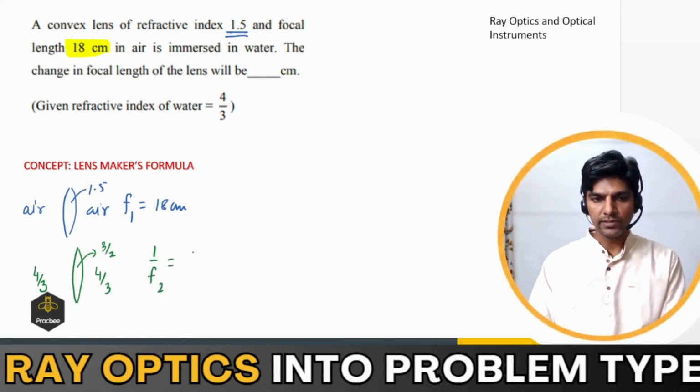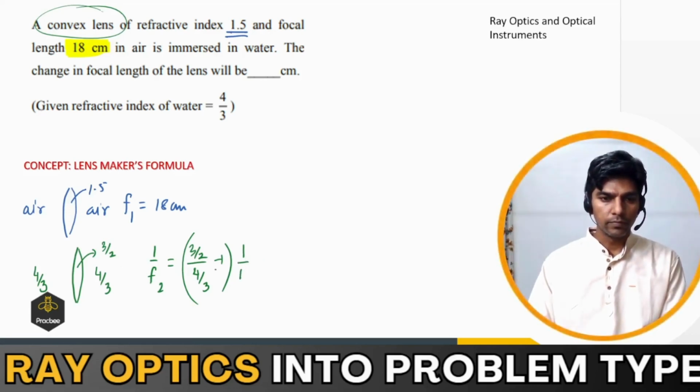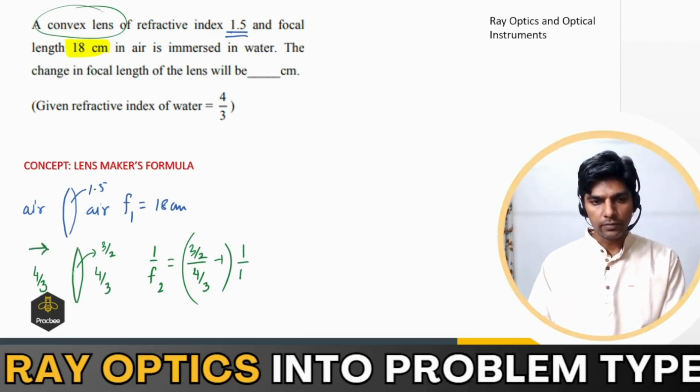So we can write this as mu2 by mu1. Mu2 in this case will be 3 by 2, mu1 is 4 by 3, minus 1, times 1 by R1, and it's a convex lens, right? If I consider the right direction as the direction of the incident ray, R1 will be positive and R2 will be negative.